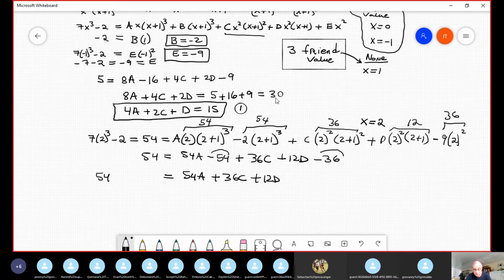So 54, 36, another 54. Then 36, 54, 36 is 54. And then the 9, negative 9 times 36 is negative 90, right? And 54 on the left hand side.